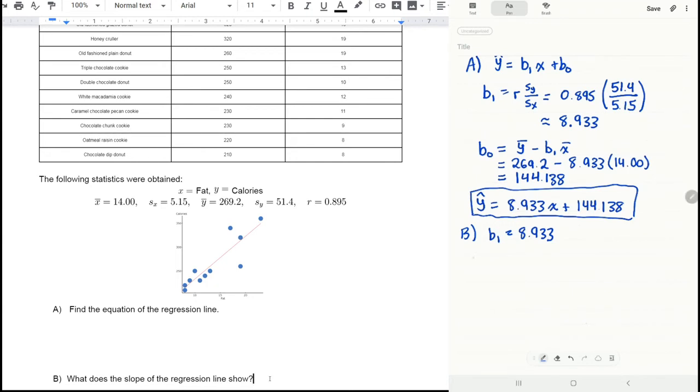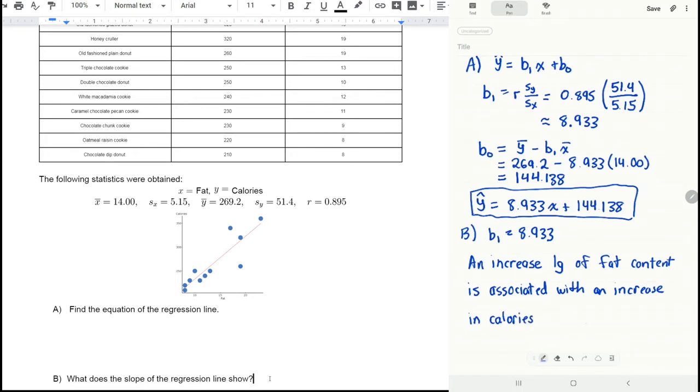And so for every 1 gram increase of fat content is associated with an increase in calories by 8.933.